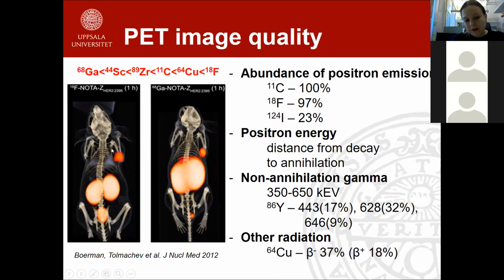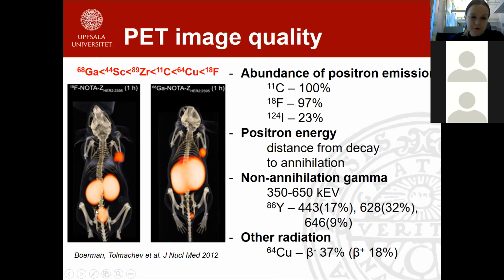We can see here at the right upper side there is a tumor that can be visualized. And then we also have a high uptake in kidneys because this molecule is excreted by kidneys. And we can see that it's exactly the same molecule, but because of the different properties of the nuclides, the images that are produced look different.